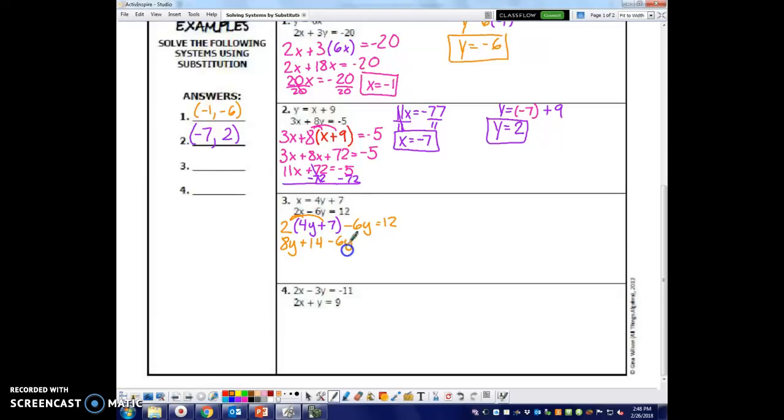Minus 6y equals 12. Combine like terms, the y's. So 8y minus 6y is 2y. Then we have that plus 14 equals 12.